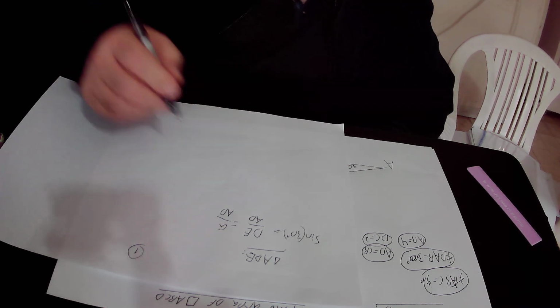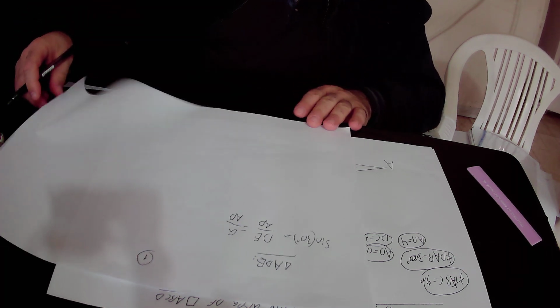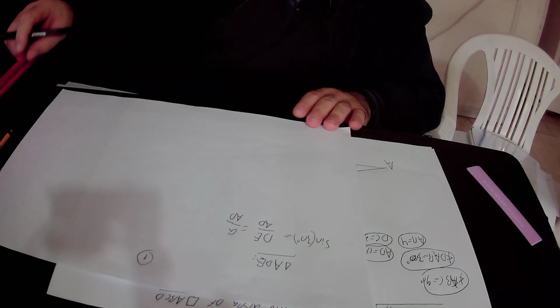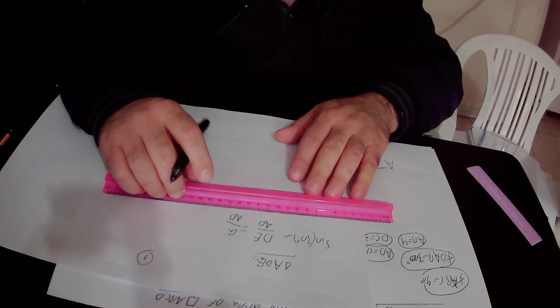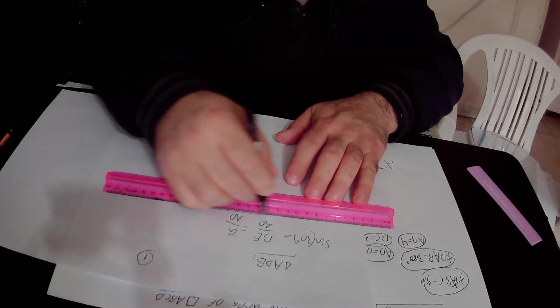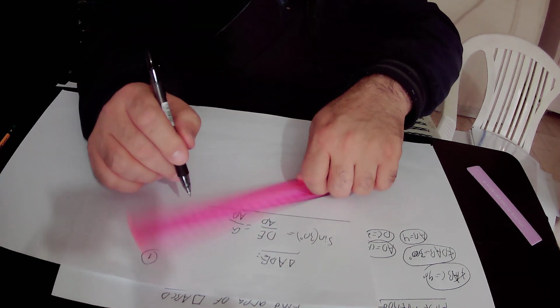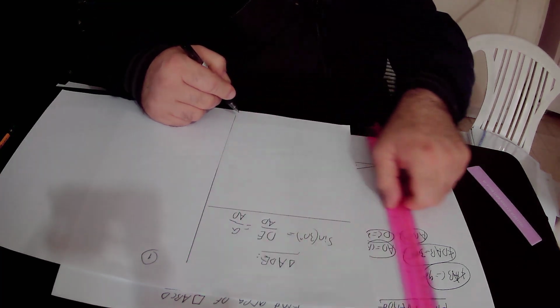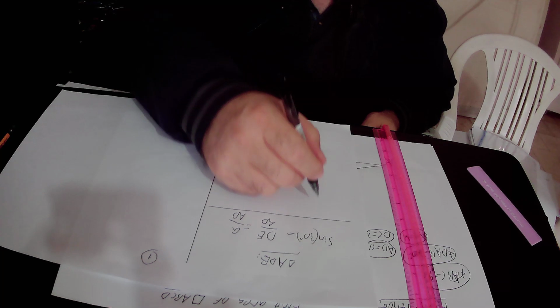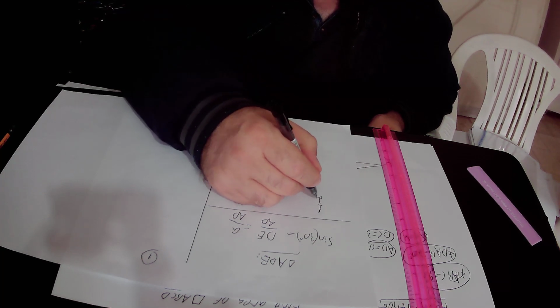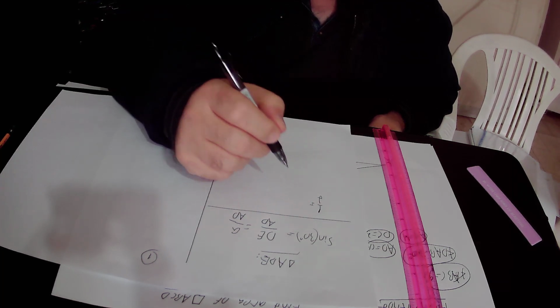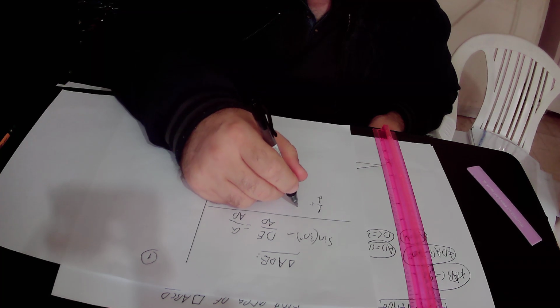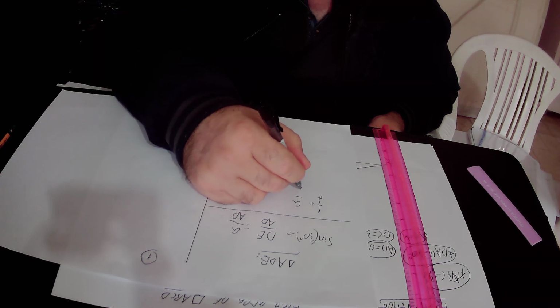We also know that sine 30 degrees equals 1 over 2. So 1 over 2 equals A over AD.